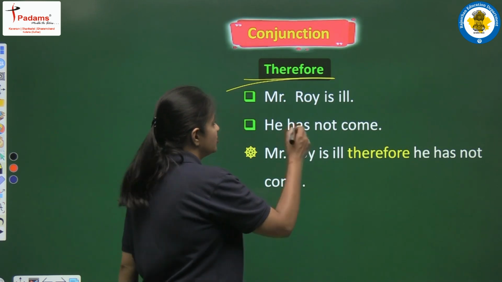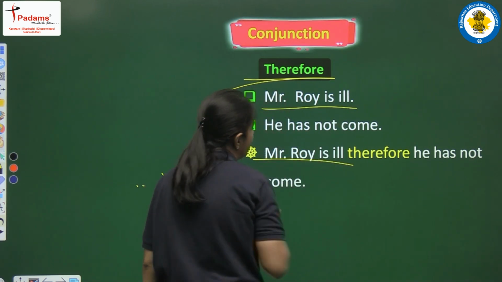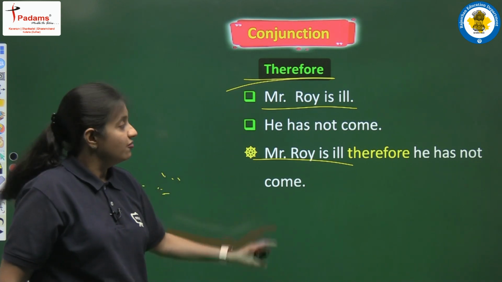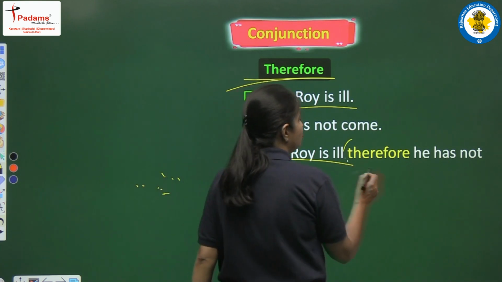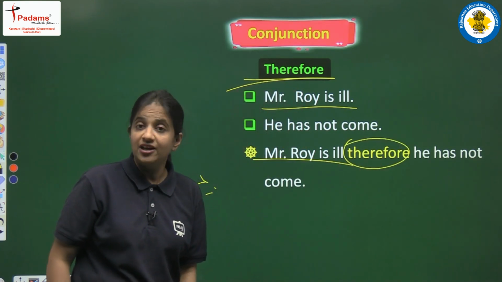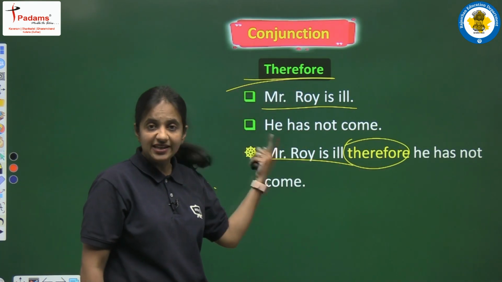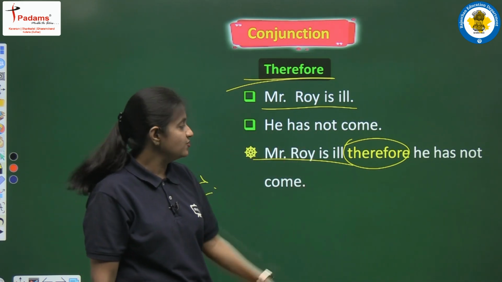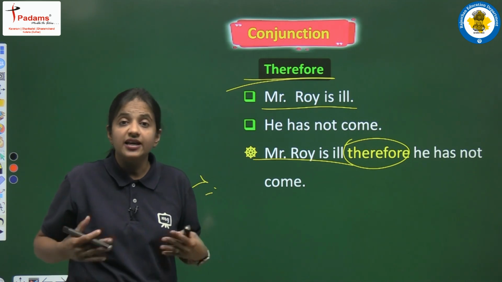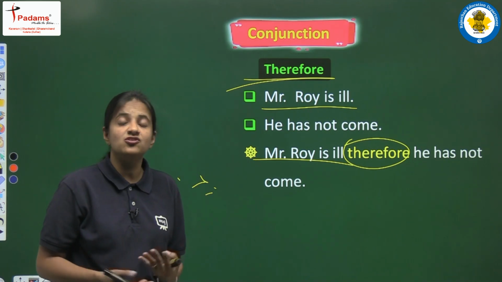First of all we write the first sentence, Mr. Roy is ill, the same sentence without any changes. After that we write our conjunction, therefore, and then the second sentence, he has not come. So the complete sentence will be Mr. Roy is ill, therefore he has not come.